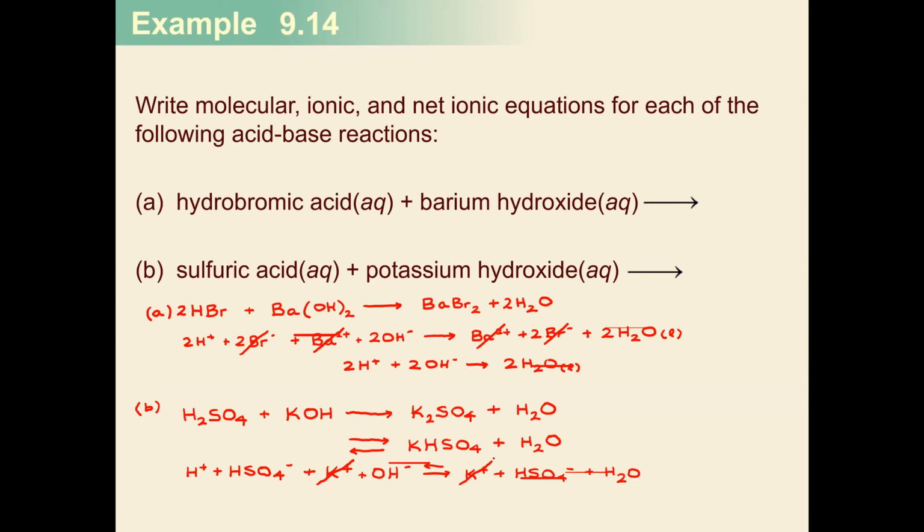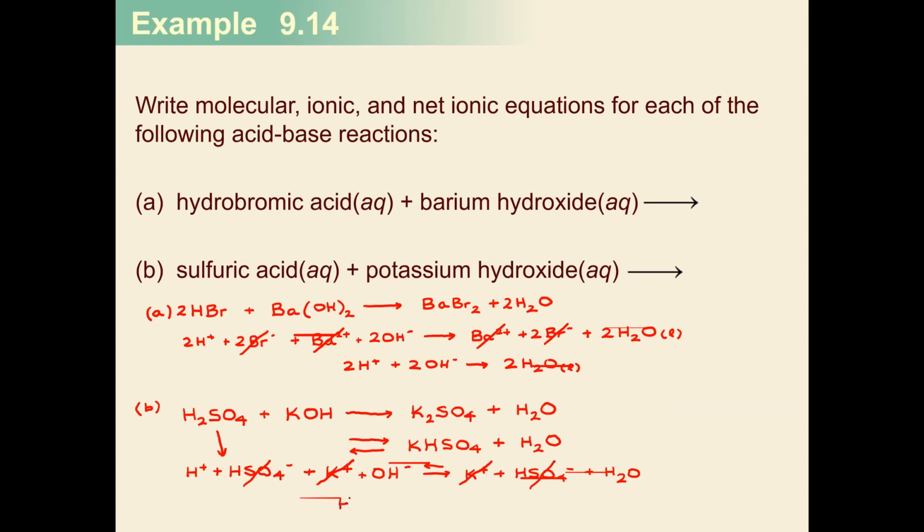So one thing that we can notice is that I broke this up because it is a strong acid, but our HSO4 is still going to be on that side. So when we do this, we are still able to cancel out here, but when we go to our next reaction, that HSO4 is going to be incredibly important.